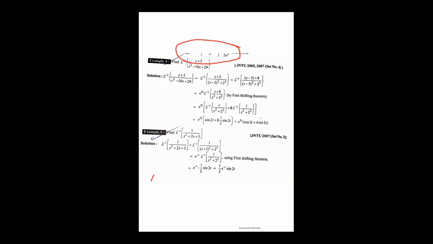Taking s square minus 10s plus 29, it is converted to an a plus b whole square or a minus b whole square form.